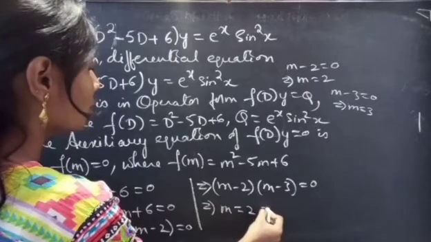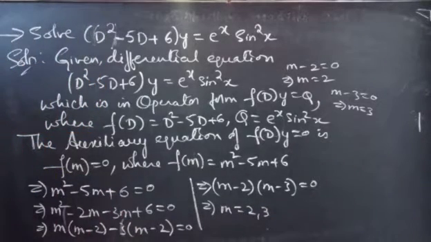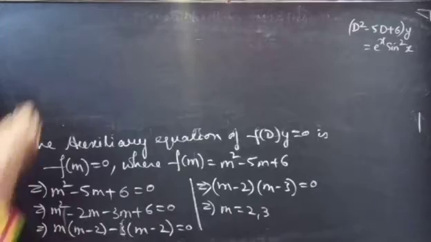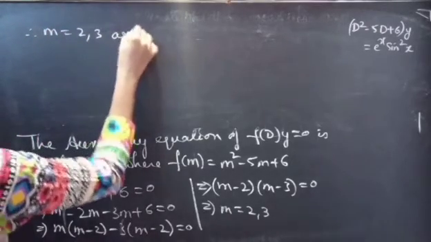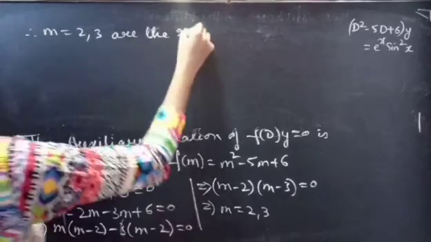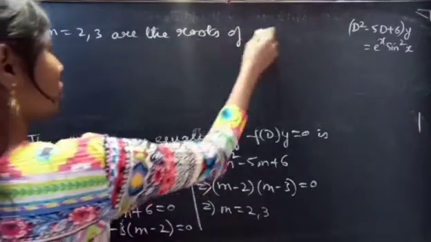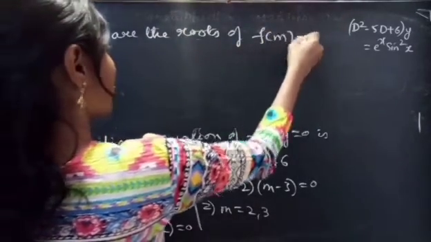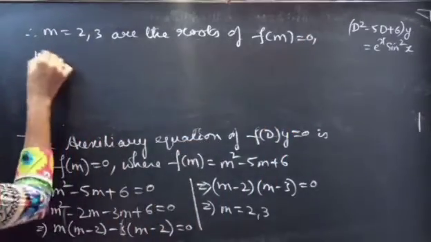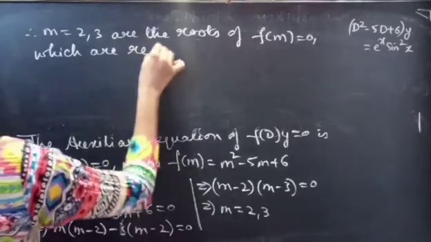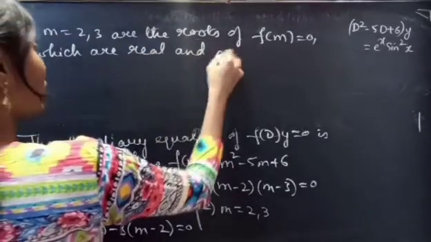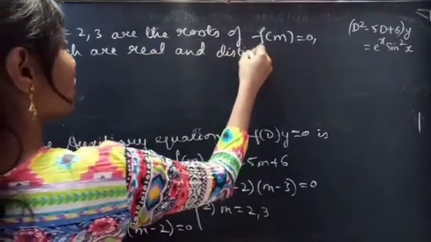So we got real and distinct roots. Therefore, m = 2, 3 are the roots of our auxiliary equation f(m) = 0, which are real and distinct, or we can call them real and different.